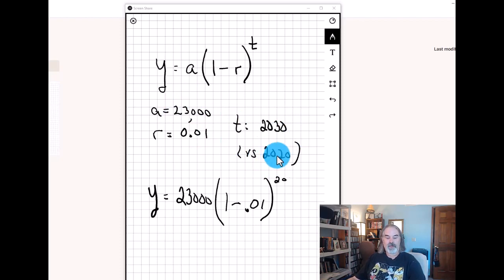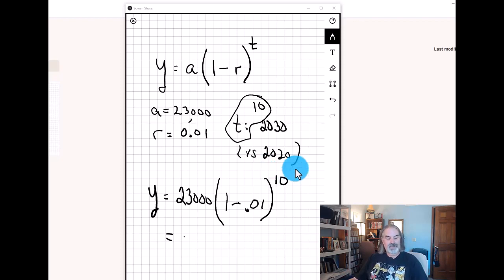For the year 2030, we are now 10 years away from where we started. So that's t. That's the amount of time that goes by. So t is actually 10. With your baseline in 2020, the year 2030 is 10 years later. The fact that the calendar year is 2030 is irrelevant to the calculation. It's how much time has gone by.